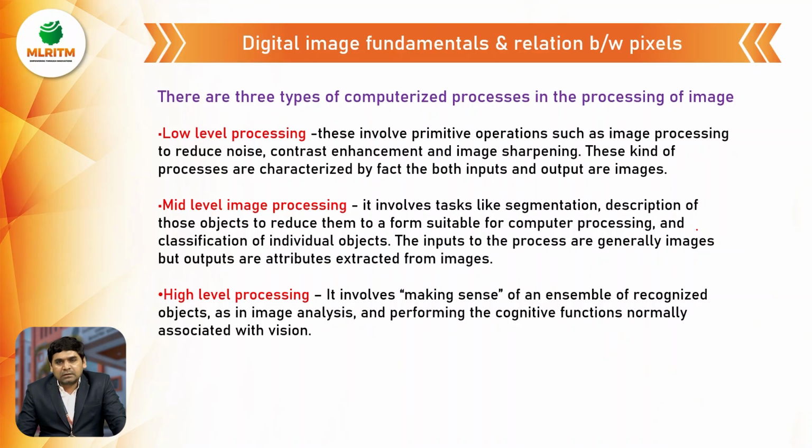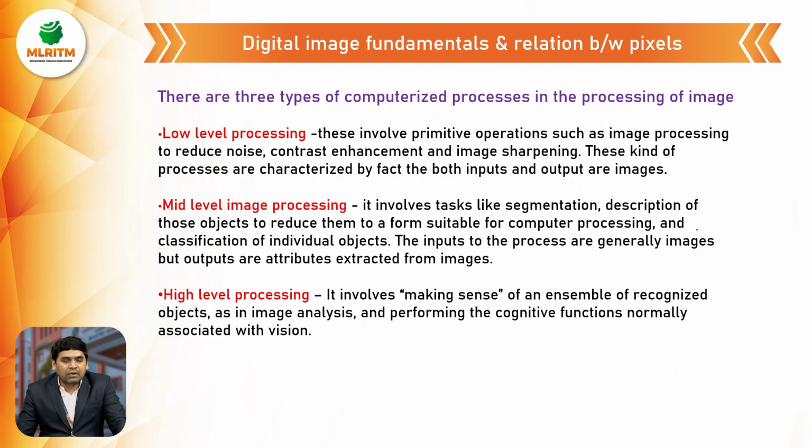In this processing, the input is the attributes of the image and the output is an image. For example, the attributes given here are features, like some height and some color, and the image consists of two objects.